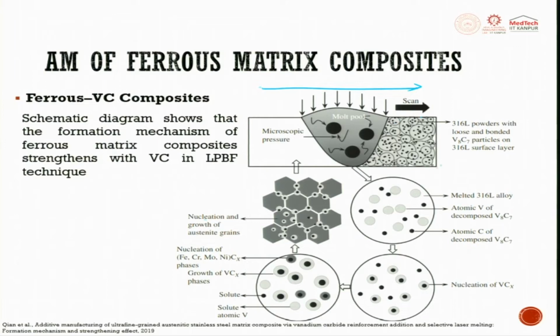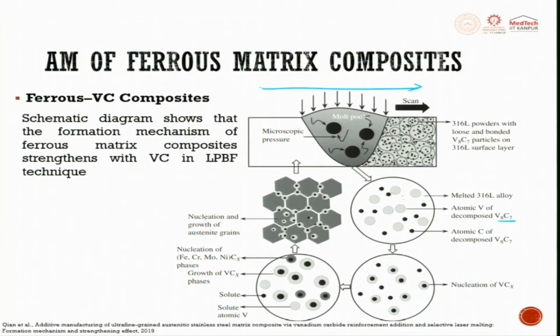If you look at this very nicely, it is 316L powder with loose and bonded V8C7 particles on the 316L surface layer. Initially it is like this, and when the laser hits, you will have melted 316L alloy, then atomic V from decomposed V8C7, and atomic C also decomposed from V8C7.